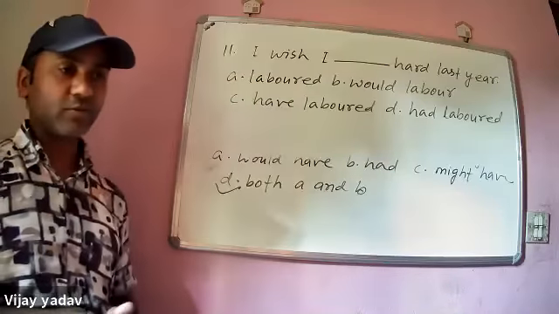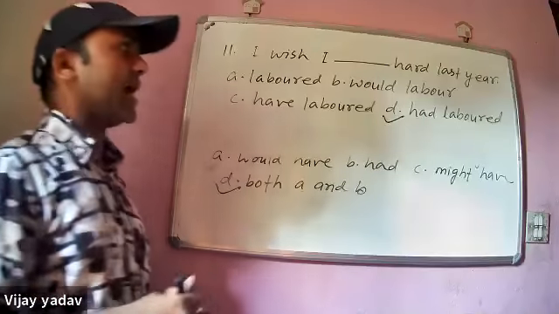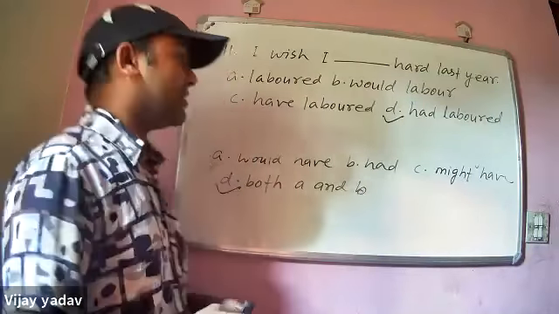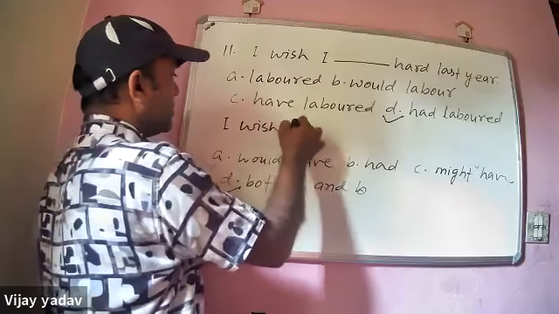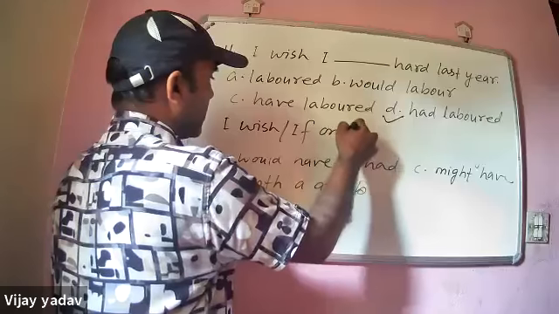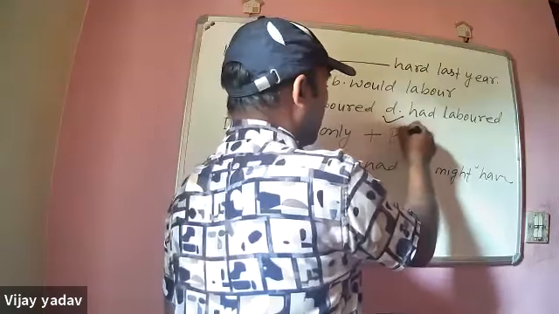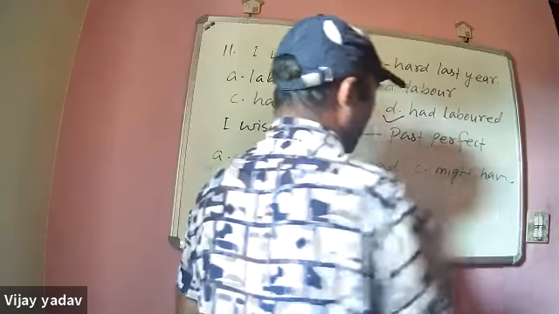Which one do we select? Option D, correct. I wish I had labored hard last year. Isn't it? So here the structure, I wish, in place of I wish we can also use if only, then we use past perfect.